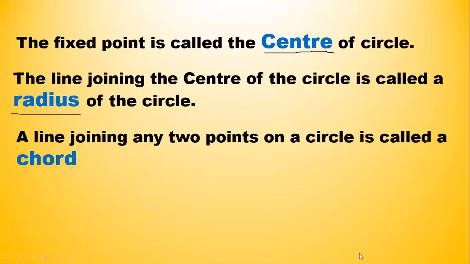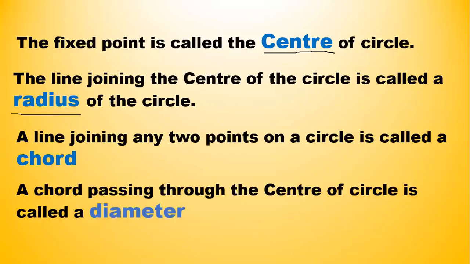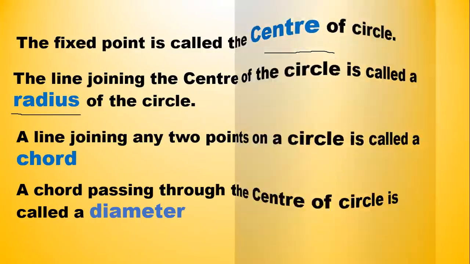A line joining any 2 points on a circle is called chord. Chord passing through the center of a circle is called diameter. These are the important definitions of the circle: center, radius, chord, and diameter.